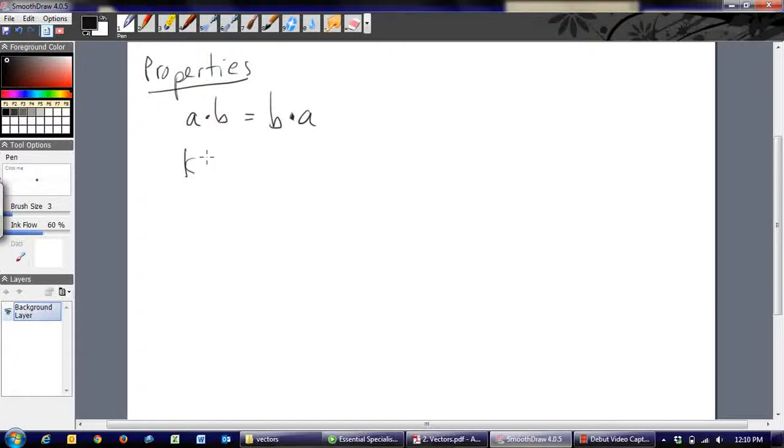It does not matter. Secondly, if you multiply the dot product of A and B by some constant K, which is just some real constant, it doesn't matter which order, that constant can go to either A or B. It's just like algebra.